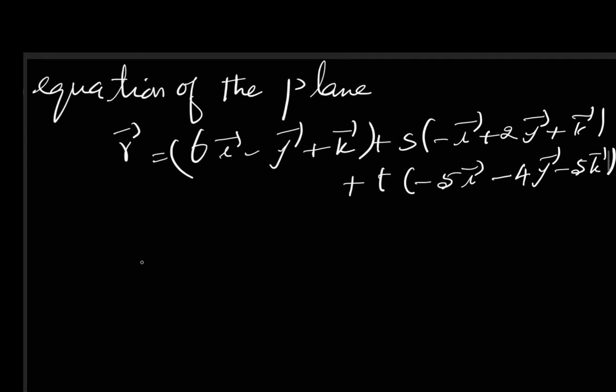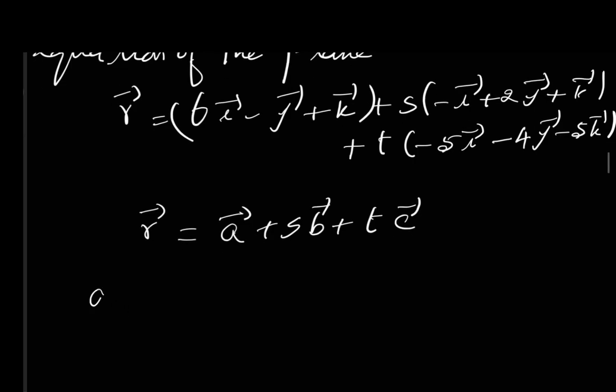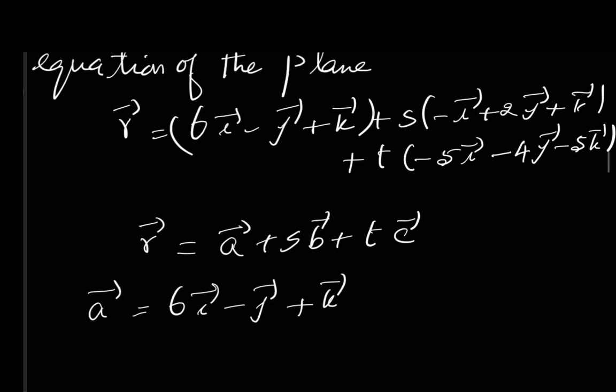See, the parametric form of representing the equation of the plane is vector R is equal to vector A plus S into vector B plus T into vector C. So I collect that point vector A as 6i minus j plus k vector, and two parallel vectors. One is the term with s, so vector B, minus i plus 2j plus k vector.